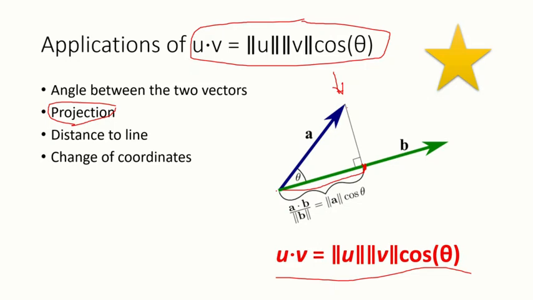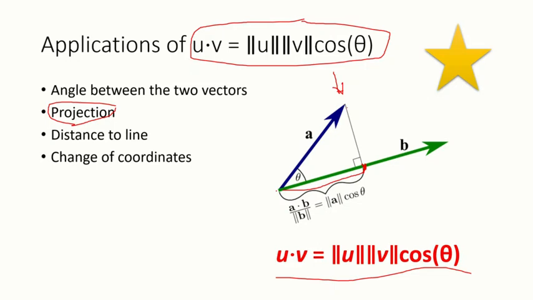Another use is that this formula is used to compute the distance between a data point and a line. If you use B as a line, you can compute the distance from here to here, which basically you want to compute this part using this formula very easily. The application, as I described, is the changed coordinates.